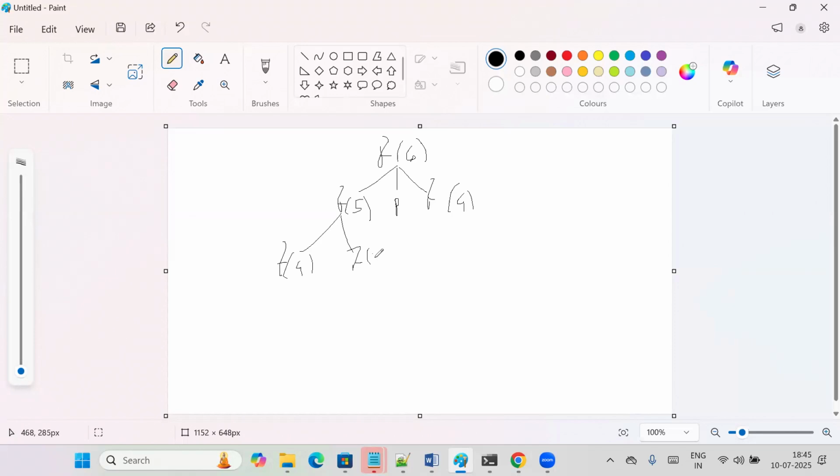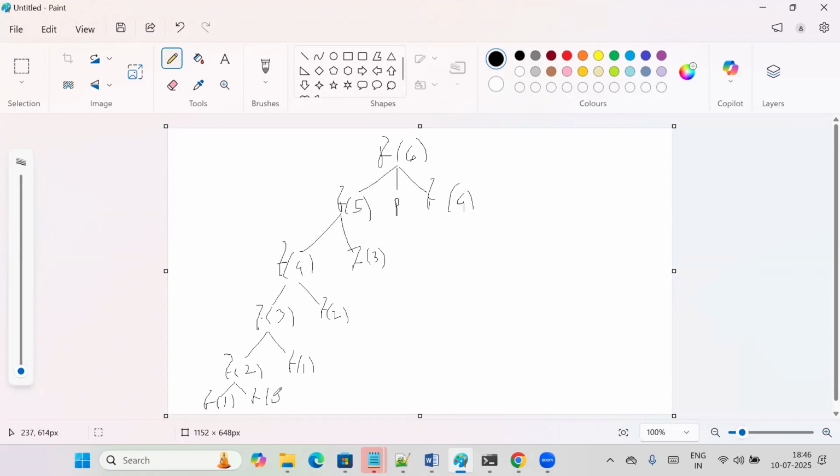Correct? Here you will get again f of 3. You will get here f of 2. Sorry, f of 2. Here you will get f of 1. Correct? Now again you will get here f of 1. And here you will get f of 0.